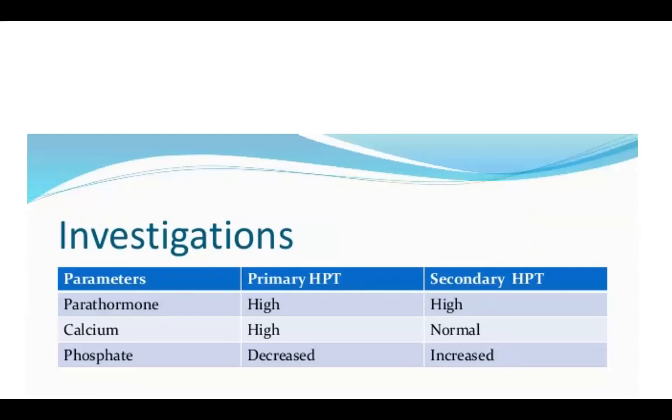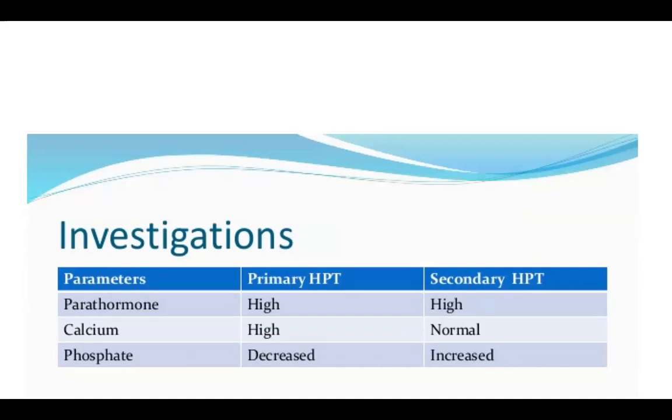What investigations would you like to carry out? Naturally, you will like to get serum calcium levels, serum phosphate levels, and parathyroid hormone levels. And how will you come to know whether this is primary or secondary hyperparathyroidism?